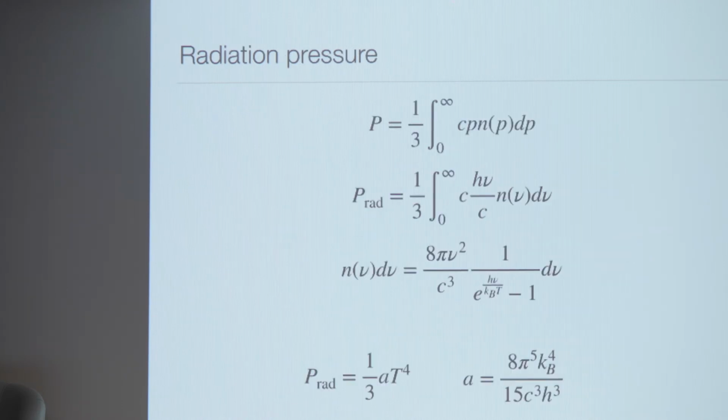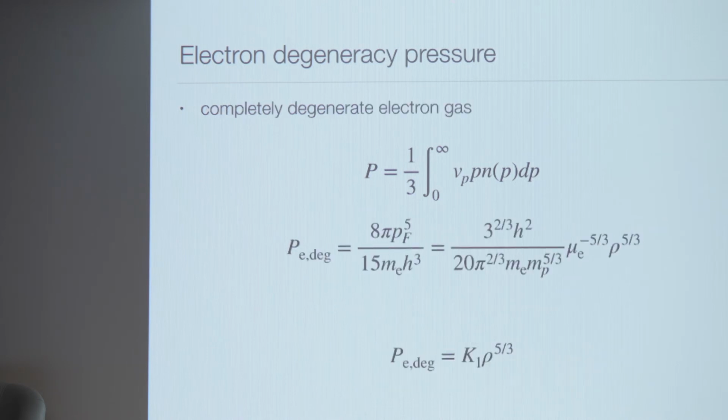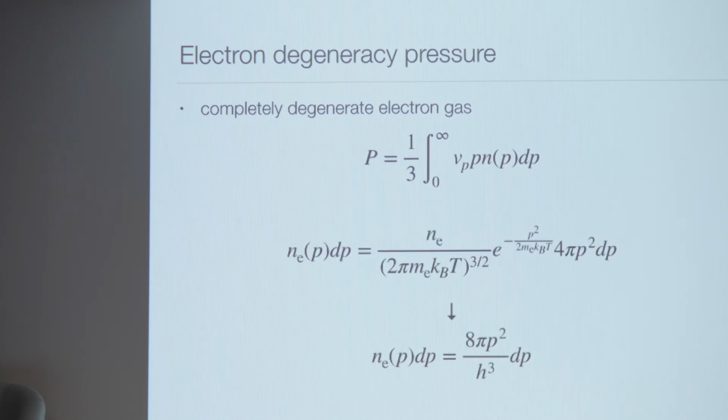So finally, the radiation pressure. We were only thinking about the electrons and the ions, and then there's radiation pressure. Another thing I should have said is we only thought about electron degenerate pressure, but of course ions, for example protons, can also be degenerate.